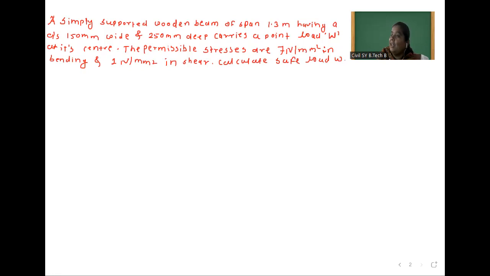And you have to find out the value of W. So first we will apply bending stress equation. How will we calculate bending stress? Sigma is equal to M divided by Z. Here rectangular section is given, with width 150 mm and depth 250 mm.